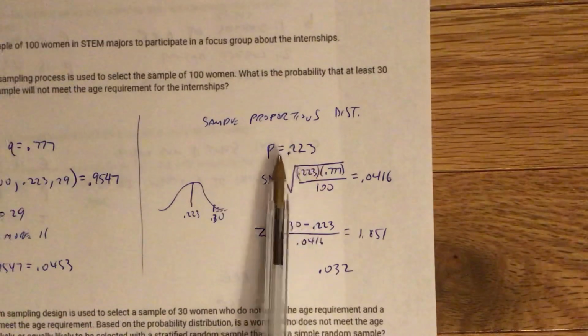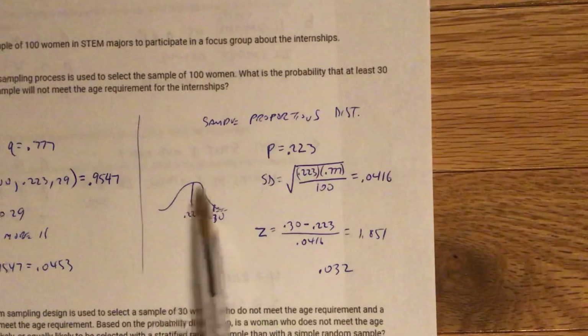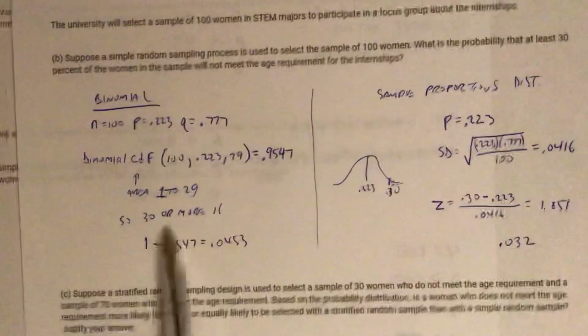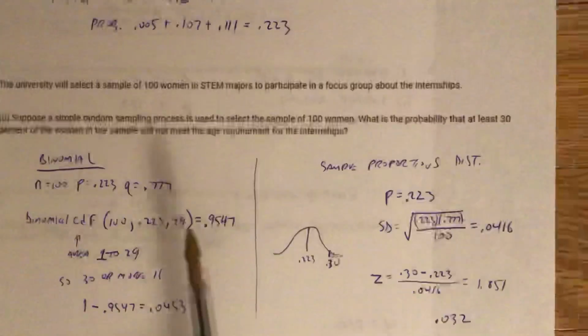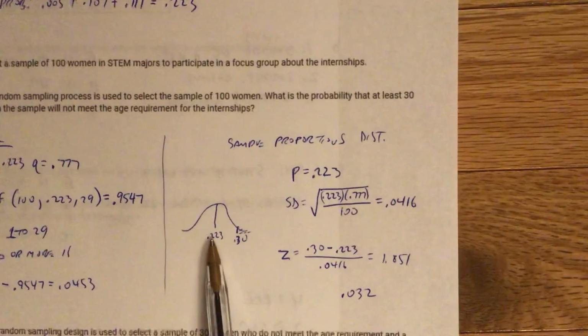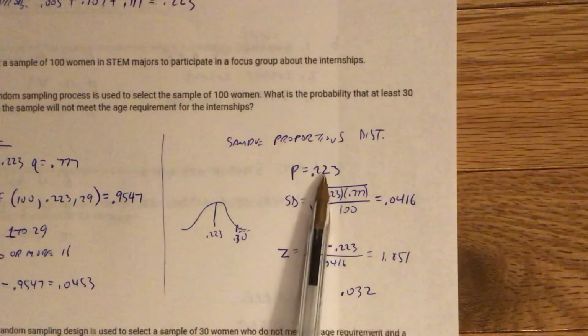So if you're going to pull out a lot of samples of this, it's going to roughly look normal. I didn't show you the binomial distribution, but if you saw it for that, it would be roughly normal. So instead of using the roughly normal one, I'm going to use the actual normal curve to approximate it. Well, if this is the proportion of the population, this is my p-value.